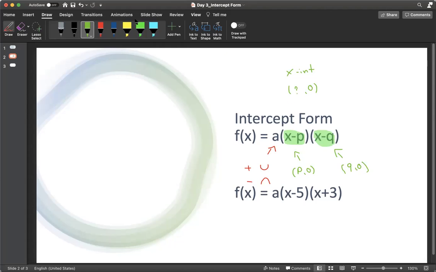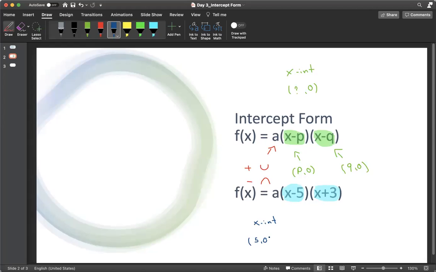So if we are going to do this with real examples, here we have f of x is equal to a times the quantity of x minus 5 times the quantity of x minus 3. So right now, we are going to look at our x-intercepts. Our x-intercept is going to be at 5, comma, 0.